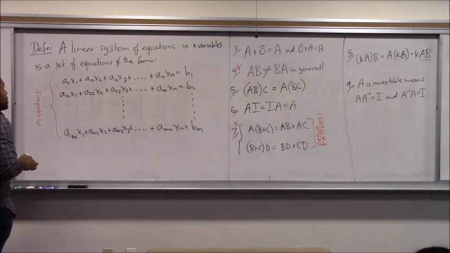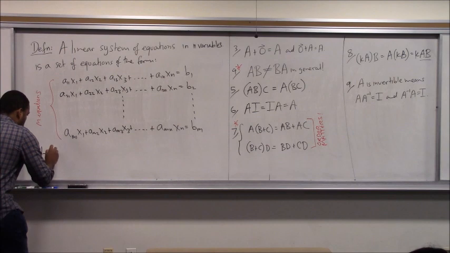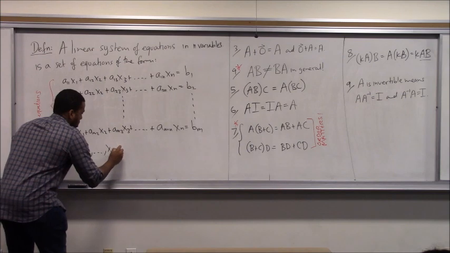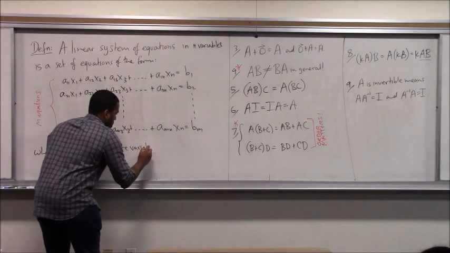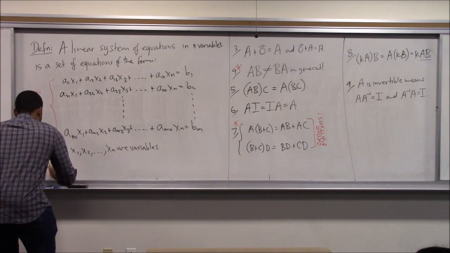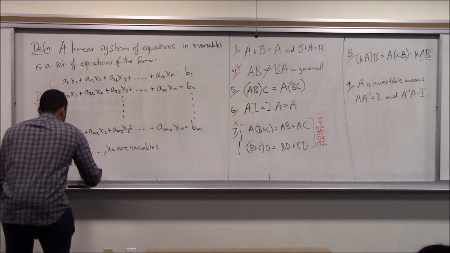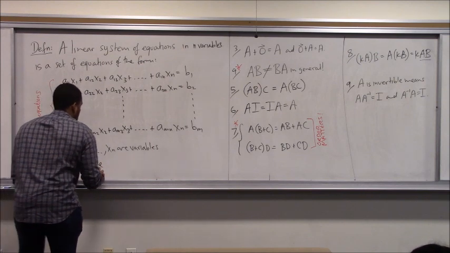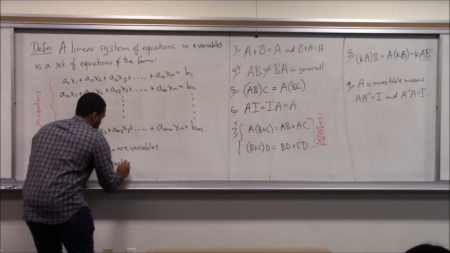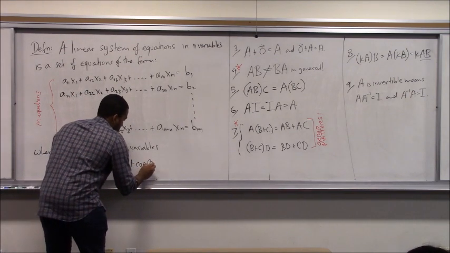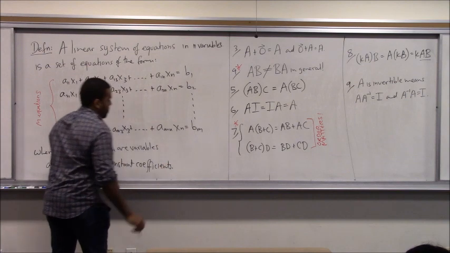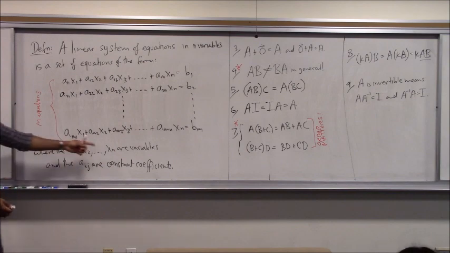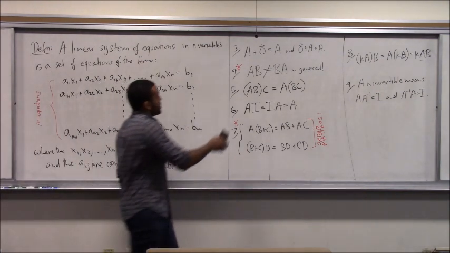So here, where the x1, x2, xn are variables, and the aij are constant coefficients. Now, when you have m equations and n variables, you call this an m by n system.